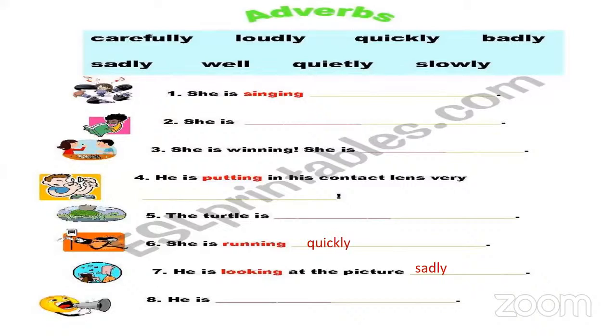Look at the verbs there. It's in red color in some sentences, right? She is singing. So that is the verb. So you have to think of the verb when you select an adverb. Adjectives describe the noun and adverbs describe the verbs.